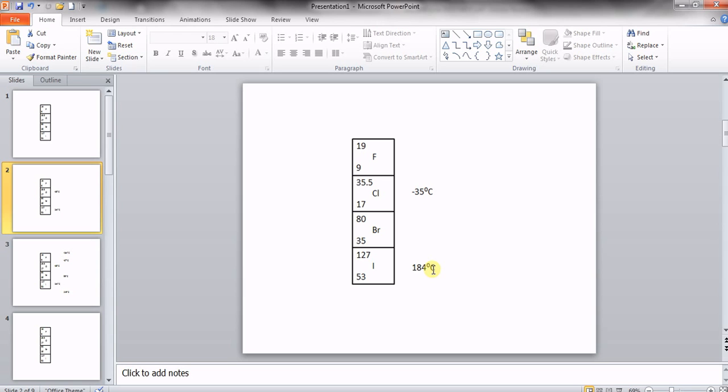If we show the answers you're given next to that, you can see that the only one that fits between minus 35 and 184 is 59 degrees Celsius. Okay, because chlorine and iodine sit either side of bromine, so bromine's in the middle there, you go for the boiling point that's in the middle of the two, which is 59 degrees Celsius.